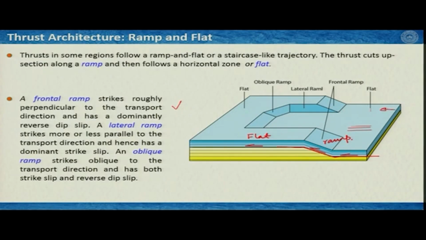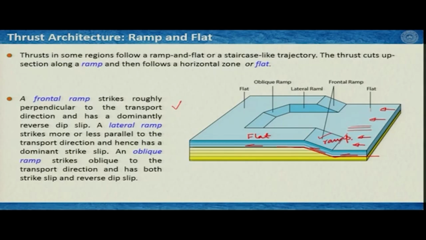So, this is the transport direction of the thrust, and if the ramps are oriented differently with respect to the transport direction, then we can classify the ramps in a different way. So, a frontal ramp, which is this one, strikes roughly perpendicular to the transport direction and has a dominantly reverse slip.